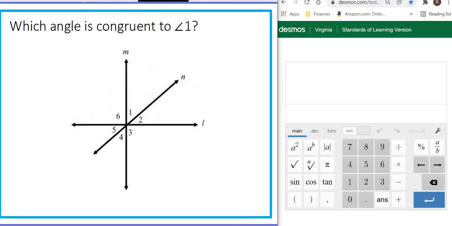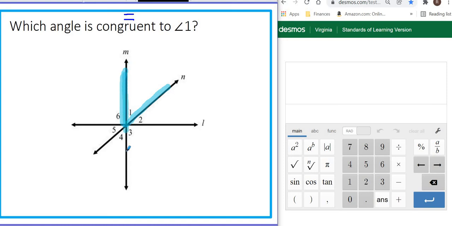All right, this one says which is congruent. Congruent means equal, same size, same shape. And let's get our highlighter out. And it's saying which angle is congruent to angle number 1. So we have to decide what's going to be exactly the same as angle number 1.